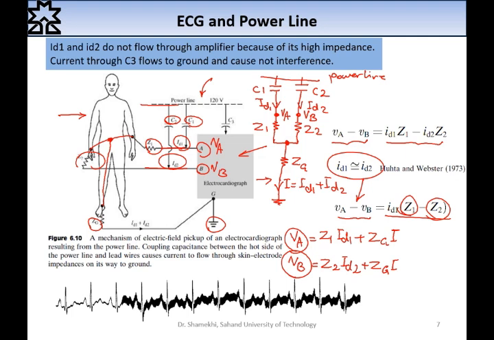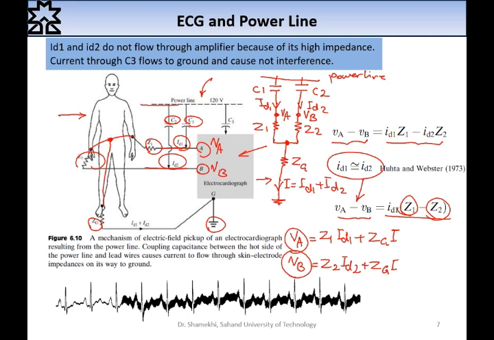Therefore, having same situation of recording in every recording location is important to remove the interference because of the power line.